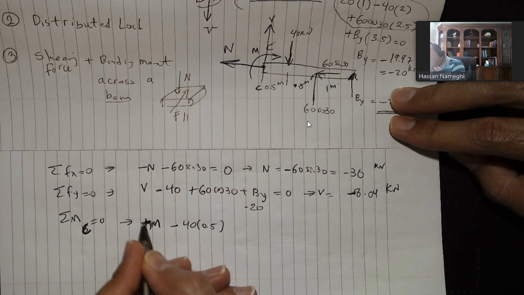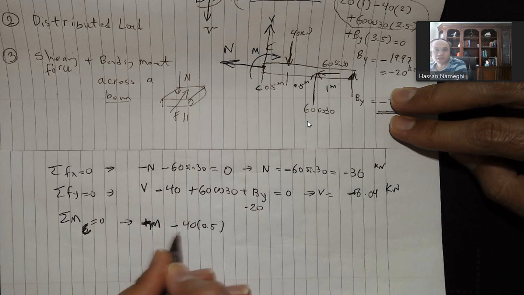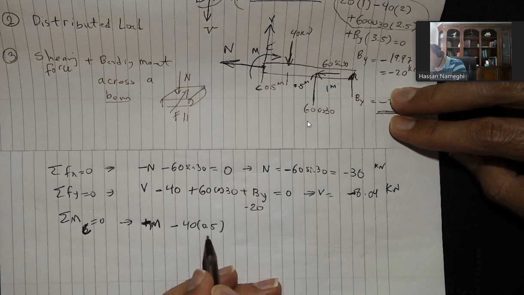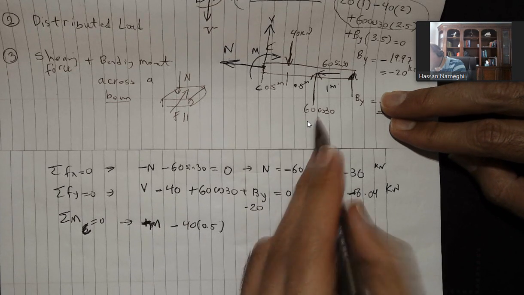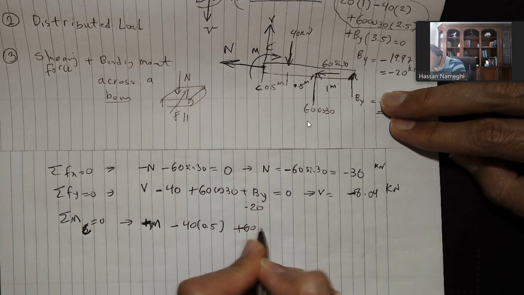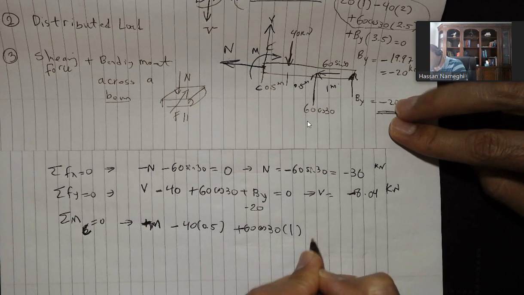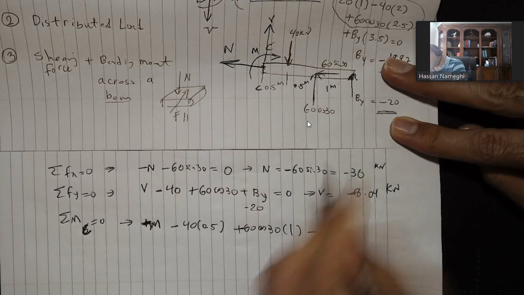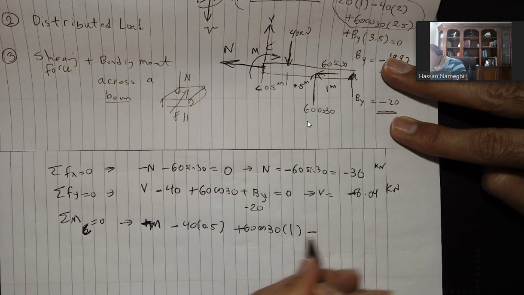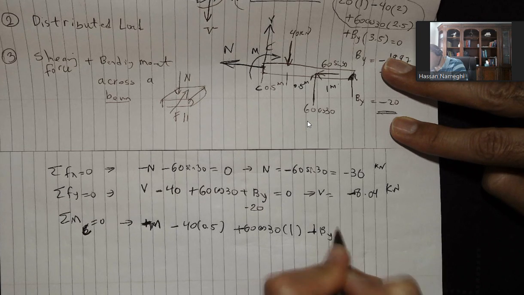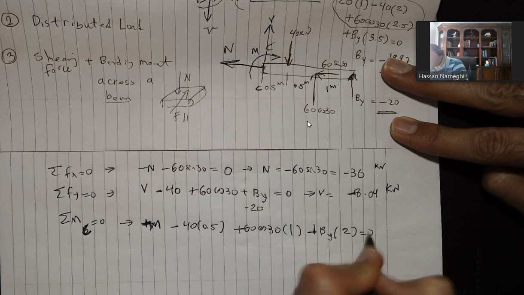I'm just going to keep it positive. Then if I get the negative, it means it was the other way around. So plus M minus 40 times half plus 60 cosine 30 times 1. And then we have the By, which is going to go positive. By into the distance is 2 meters equal to 0.